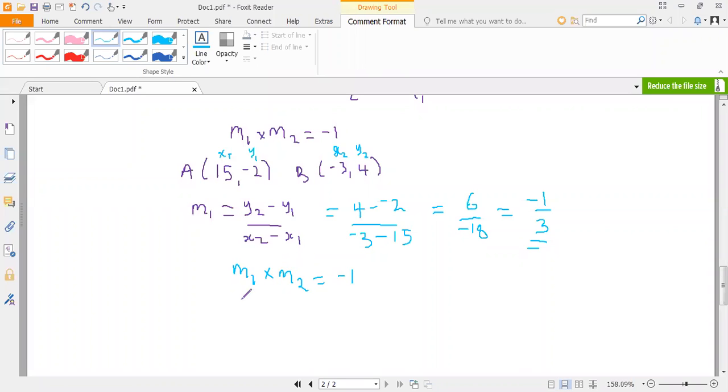If we substitute in the value of M1, which is -1/3, multiplied by M2, should give us -1. We end up having M2 as being equivalent to 3. So the value of the gradient of the perpendicular bisector, which we've called M2, is equivalent to 3.